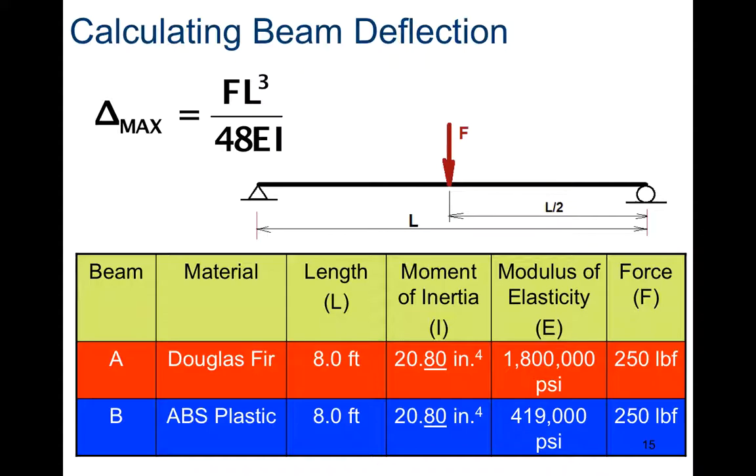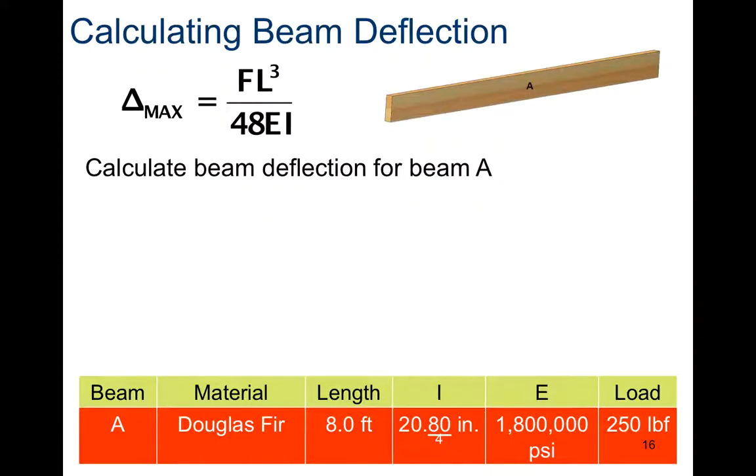Everything else about the beams is exactly the same; the modulus of elasticity is very different. Moduli of elasticity in the hundreds of thousands or millions of psi are very common, so when you're calculating, you should expect numbers of that magnitude.